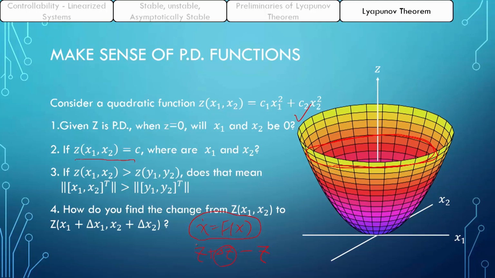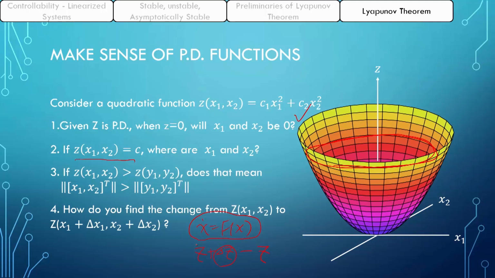Given this ODE, if we can infer the change of z, and if you are lucky that z will decrease to 0, then you can conclude that at 0, that argument will also be 0, right? And it's asymptotically stable, okay?